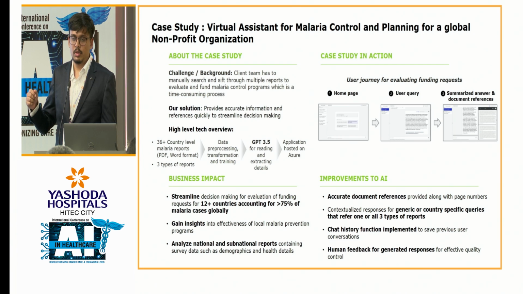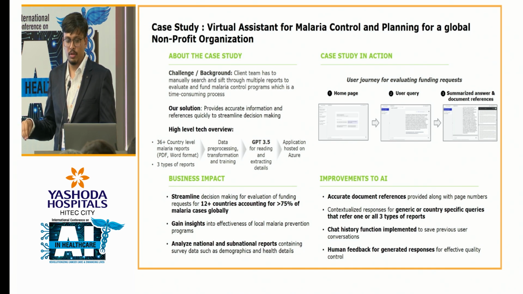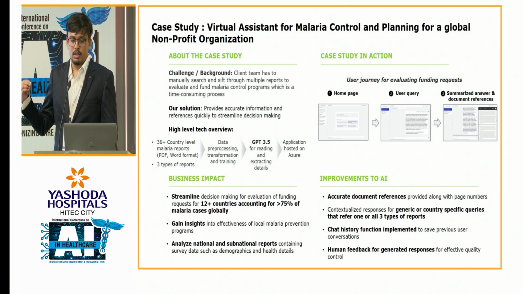I think this is for a non-profit organization involved with the United Nations. They had multiple documents sent by different countries, where you had to sift through multiple reports and evaluate the centers of malaria control. Based on that, they can give funding to different places for malaria control.